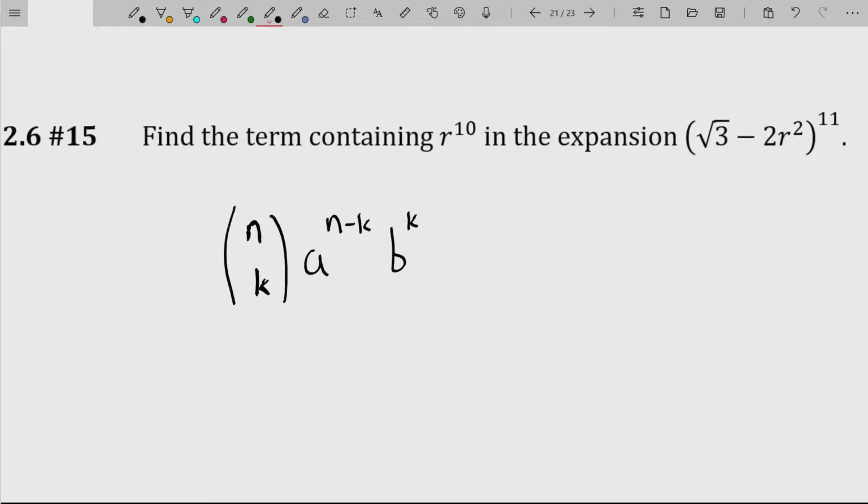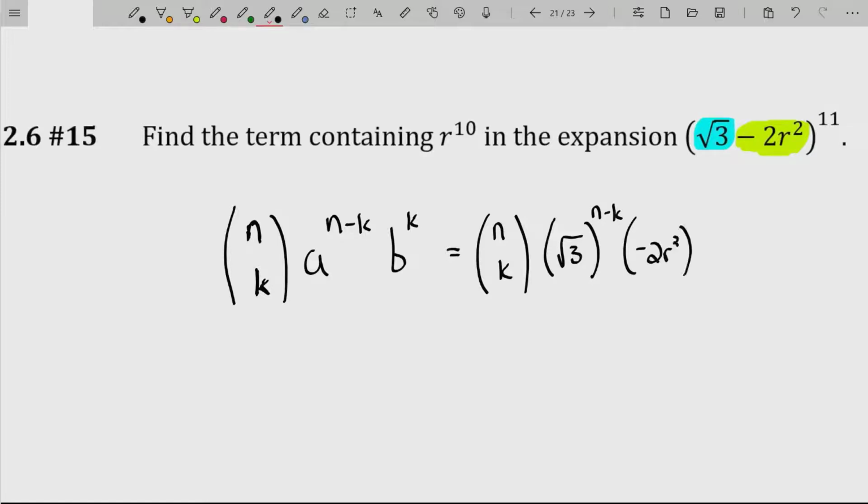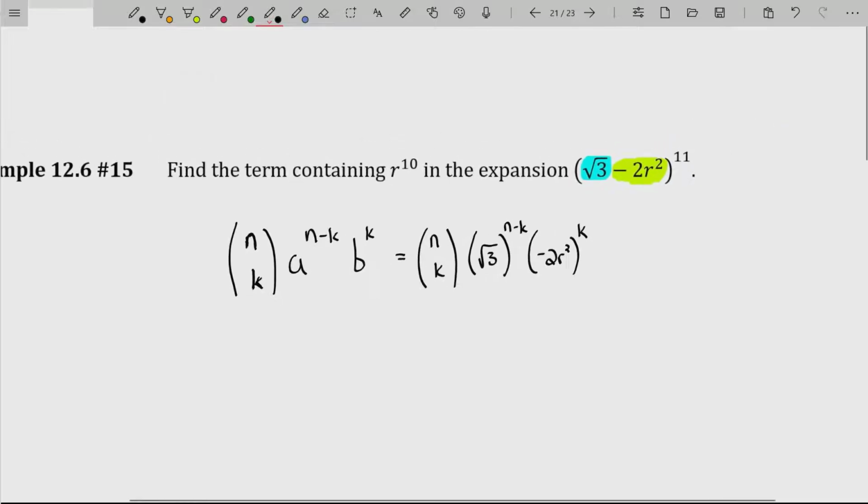Well, we know what a is here. a is this highlighted root 3, and b is the highlighted negative 2r squared. So let's fill that in. This is n choose k. We have a, root 3, raised to the n minus k, and we have b, which is negative 2r squared, raised to the k. What else do we know from this statement?